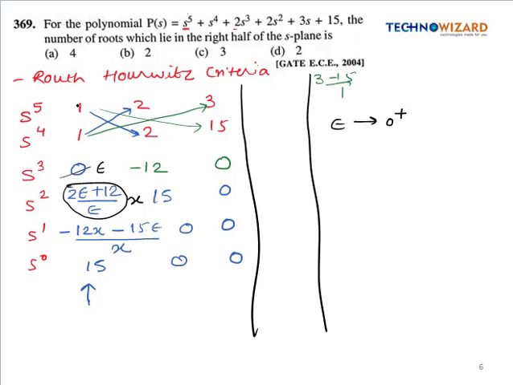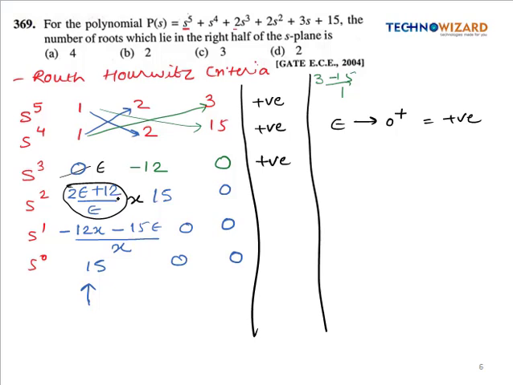So the first column of s5 is positive, s4 is 1, so this is also positive. s3 is epsilon, as already told epsilon is a small positive value tending to 0 positive, so this is positive. So the third column is also positive.